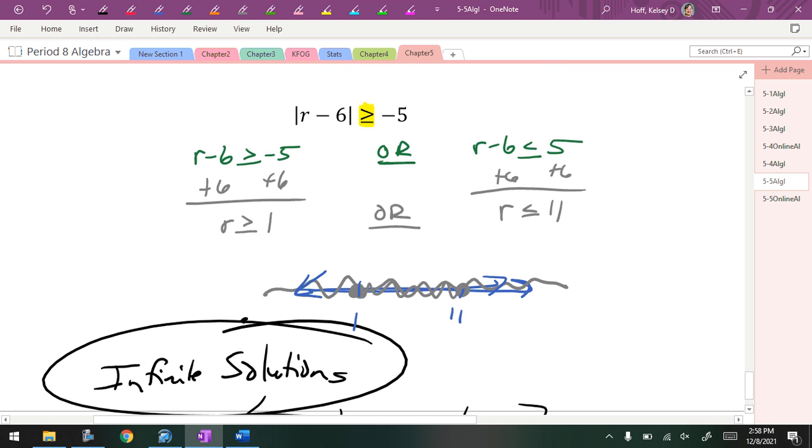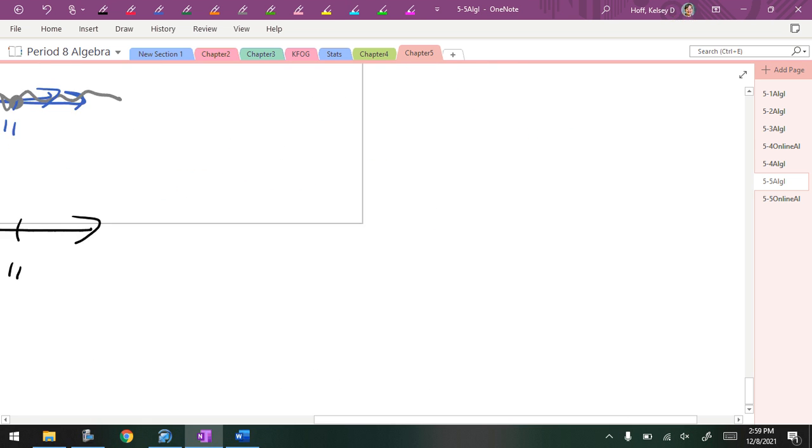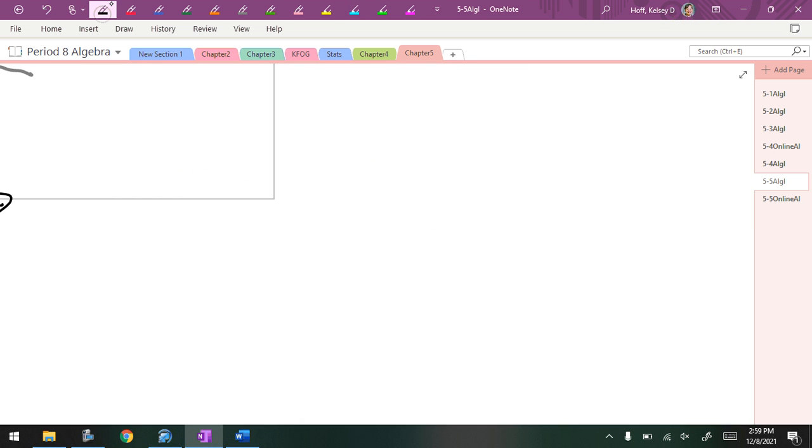Because there was a -5. Yeah, but last time it was a -5, it was no solution. This one's a greater. It's greater than. Absolute value means it's a positive number, right? A positive number is greater than -5. When? Always.